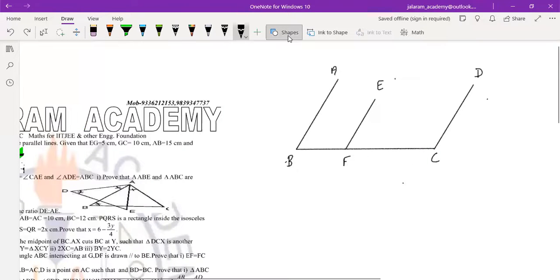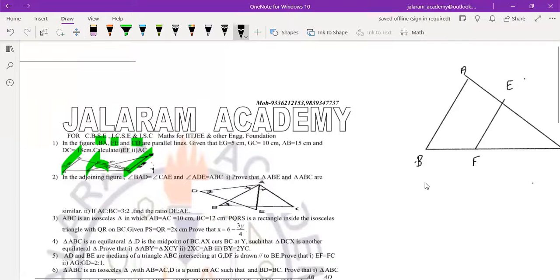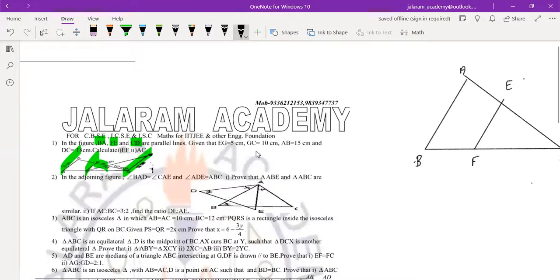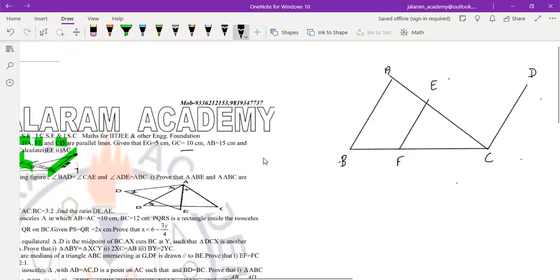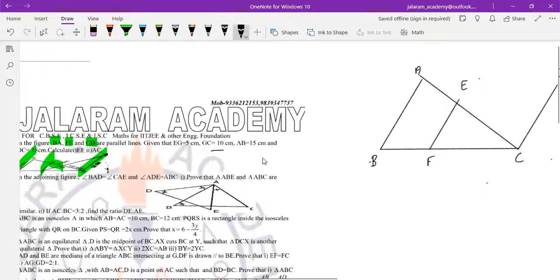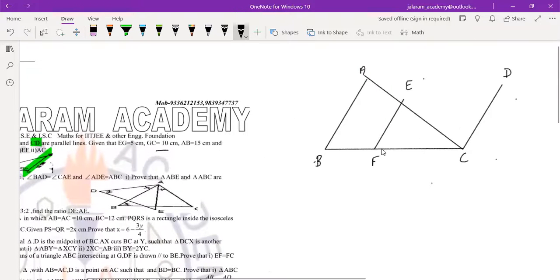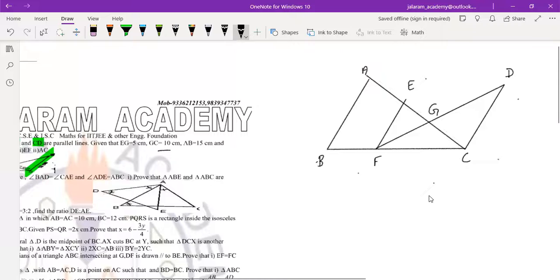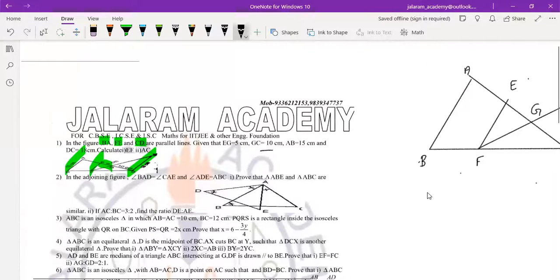We are using black lines. And when you draw, GC equals 10 centimeter, where is G? Okay. So when we draw FD, this point is G. So given, first what we have to write?